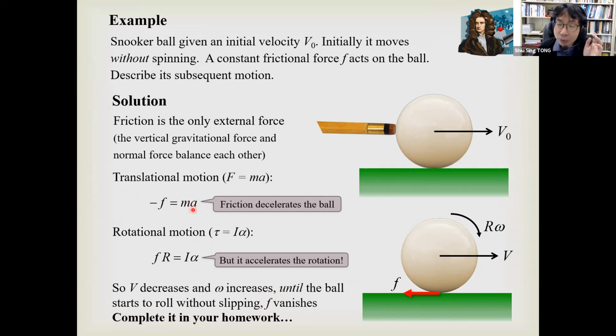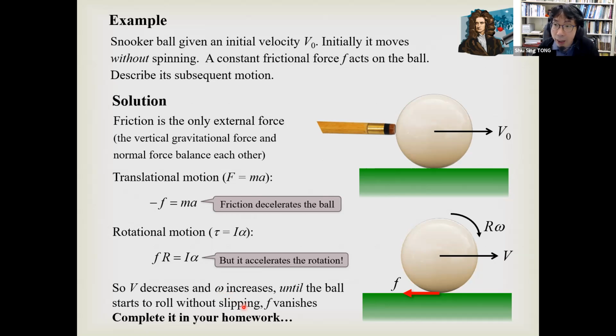Right? So you can apply the equation for linear accelerated motion to find out the velocity at a later time. That allows you to find v. And because you also know alpha, you can apply the equation of uniform accelerated rotation to find out how omega varies with time.